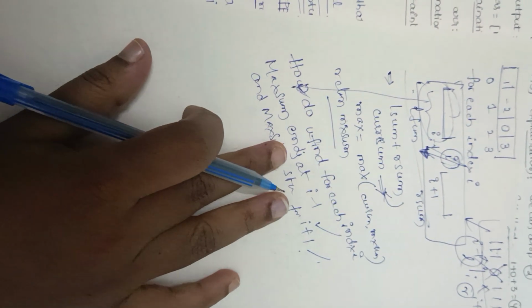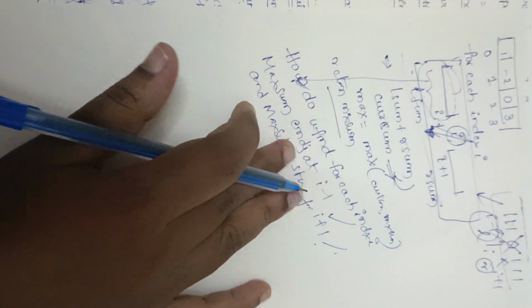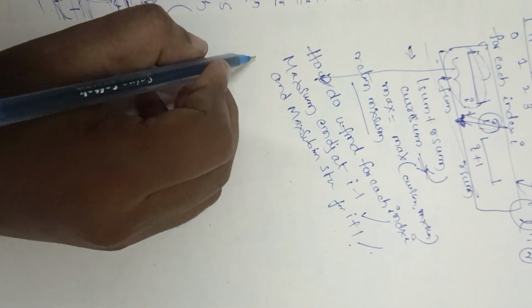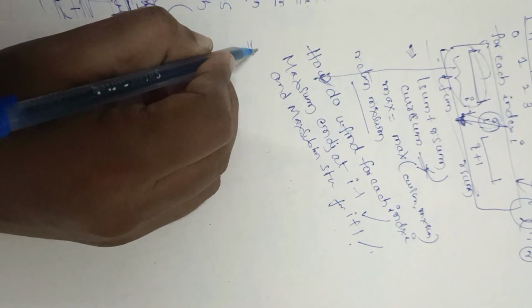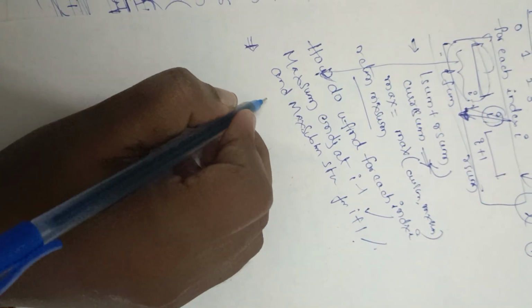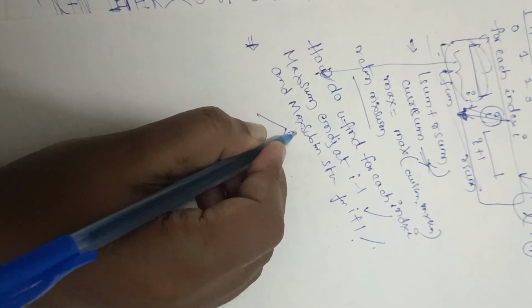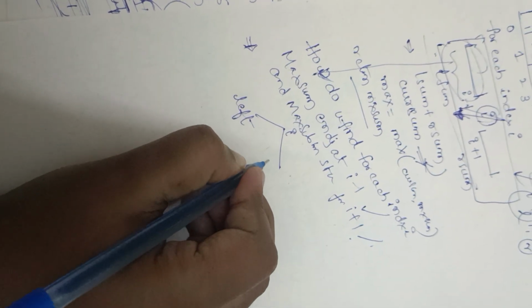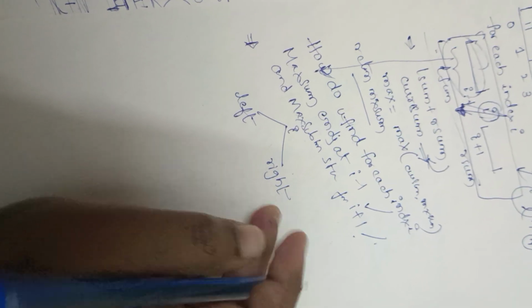For this, since we already learned Kadane's algorithm, we will follow the same thing. We will be creating two arrays. For this I, we will be creating the left array, and this is the right array.